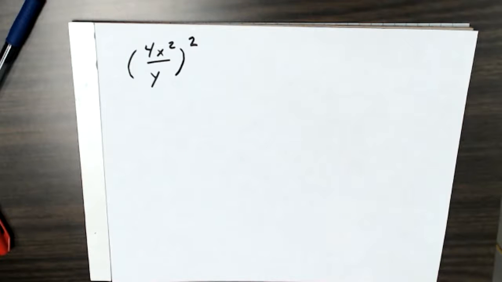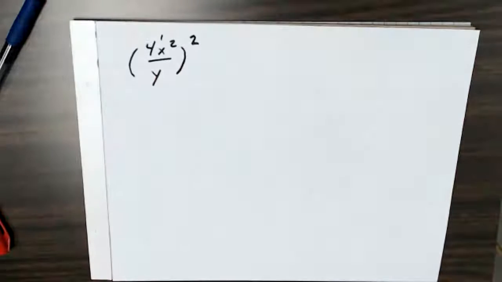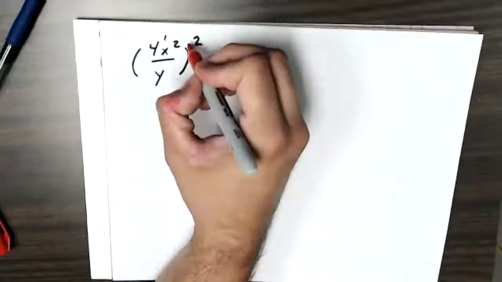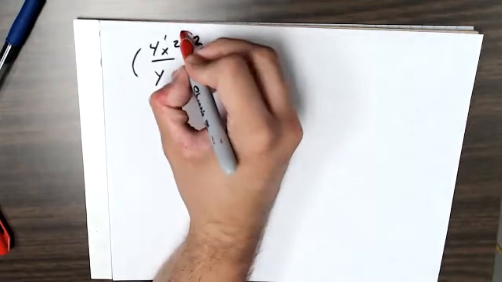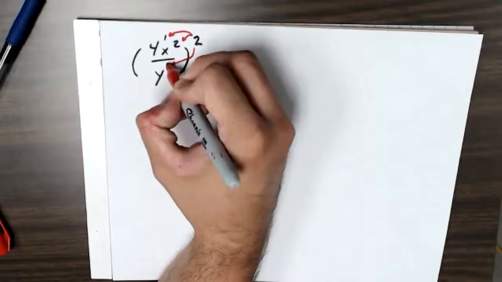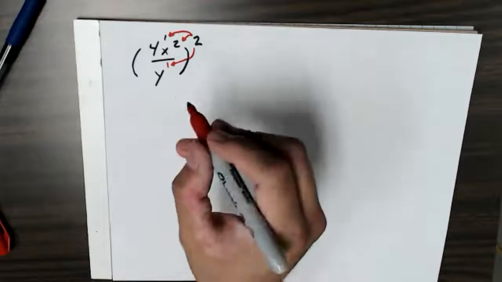But first off, before we get started, we have to remember this 4 is raised to the first power. You're not going to multiply the 2 and the 4 together. You're multiplying the 2 and the 1 together. So I'm going to take this 2 and distribute it to all the exponents, so that y is raised to the first power, all the exponents in this set of parentheses. And it gets rid of the parentheses.